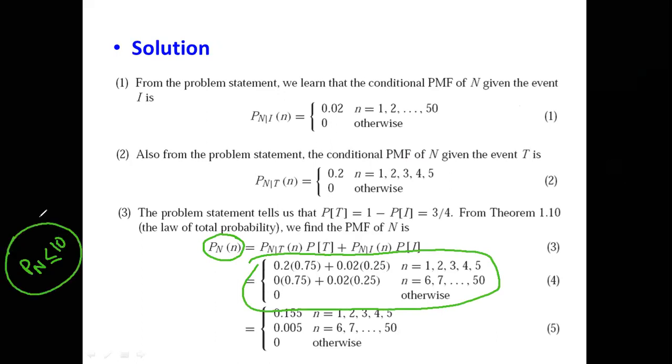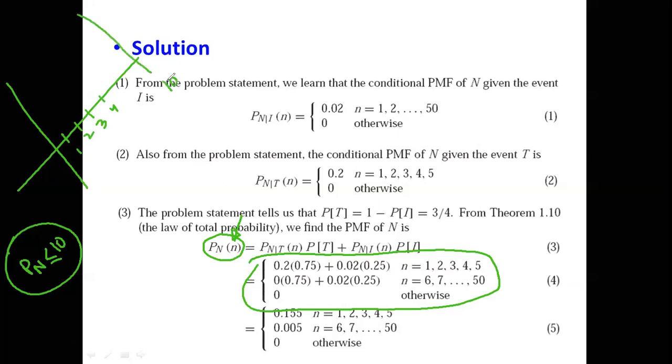This is a specific probability, because I am not talking about all the values of n, I'm talking about up to 10. It's a kind of CDF, if you can remember. If I'm talking about probability of n less than or equal to 10, it means I have to add all these probabilities. Do you agree with me?